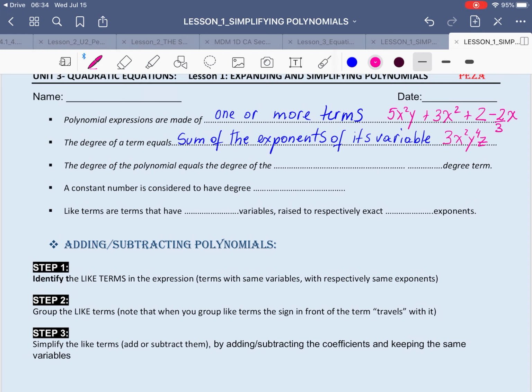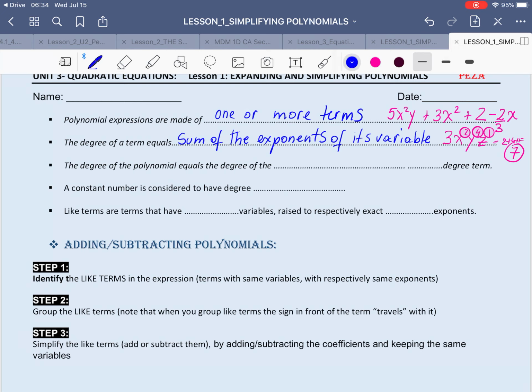In this case, we will say that the power of x is 2, the power of y is 4, and the power of z is 1. So the degree of this term will be 2 plus 4 plus 1, and that would equal 7. So this is a 7th degree term.